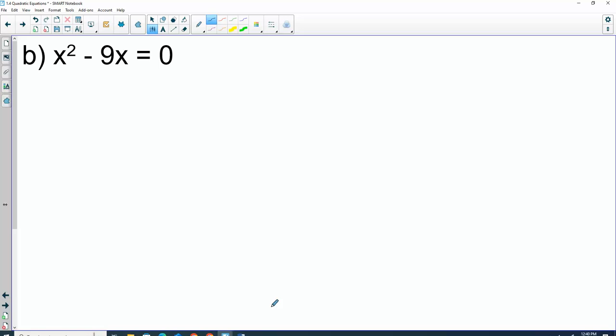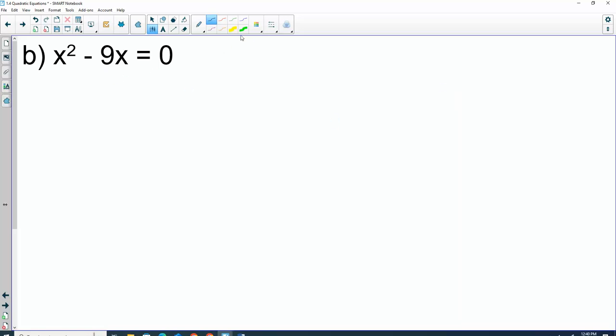What about this one? It's already equal to 0. We can't do slip and slide. What can we do?